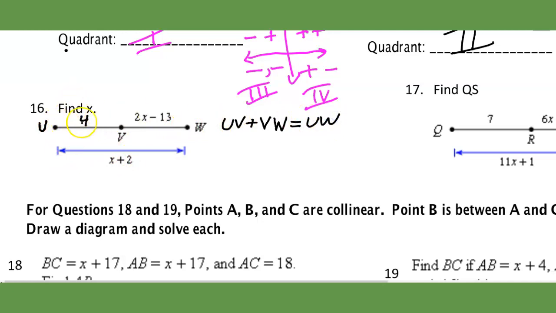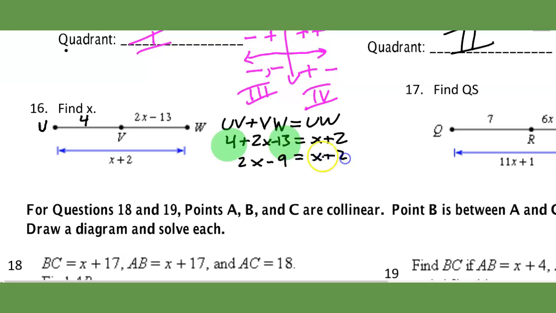Right? We have 4 plus 2x minus 13 should equal x plus 2. And let's do a little algebra. We have this 4 and negative 13 we can combine. We have 2x, and negative 13 plus 4 would be negative 9.